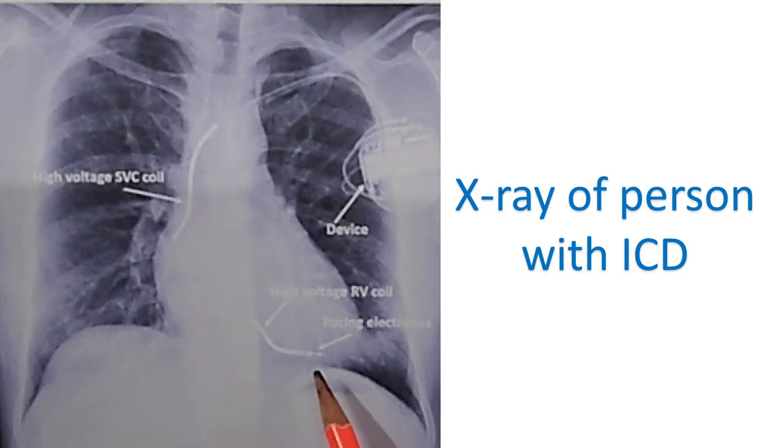And at the tip there are two pacing electrodes also, meant for backup pacing. Whenever you give a shock or any other treatment for a tachyarrhythmia, you should expect bradyarrhythmia following that. There could be bradycardia after the shock, and that will be taken care of by these pacing leads. Backup pacing for bradycardia after a shock.